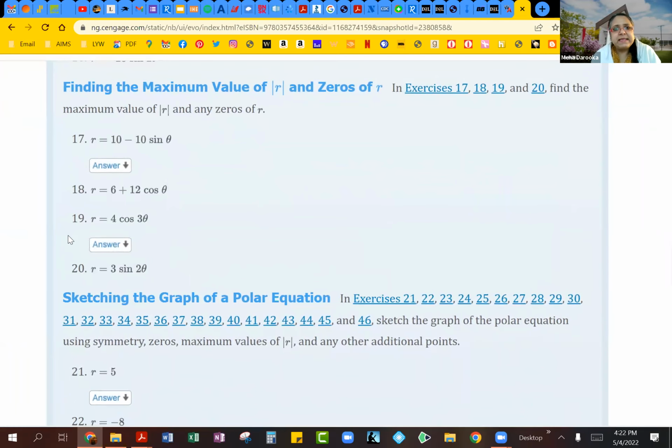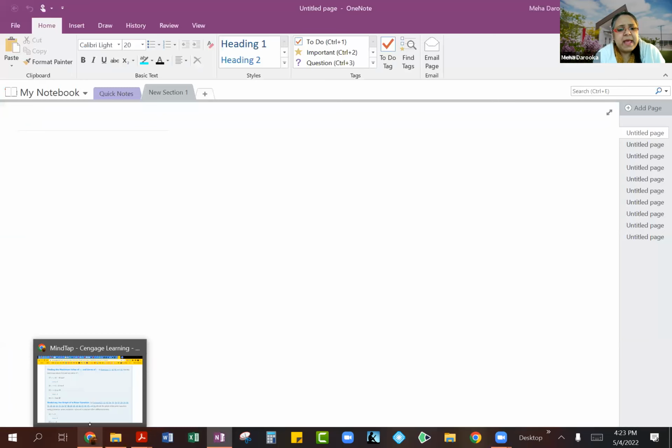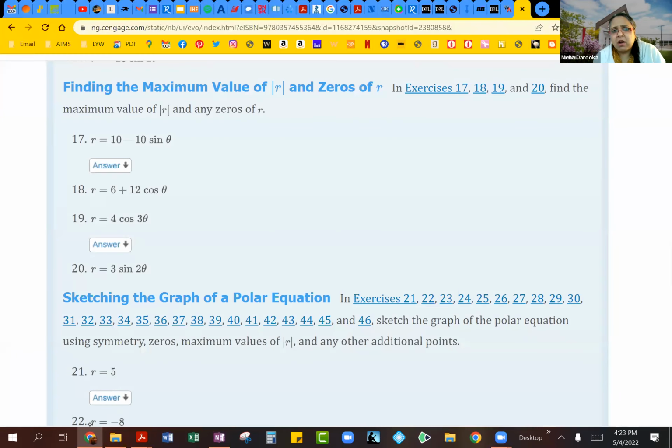As you can see in the instructions, this one is asking us to find the maximum and the zeros for the R value.